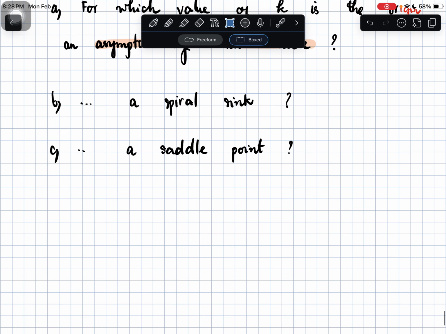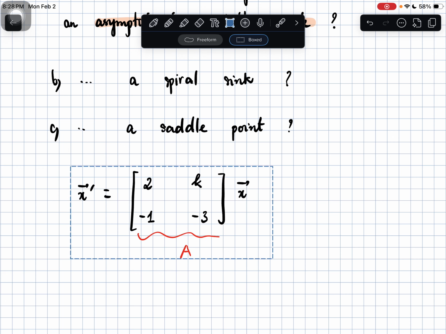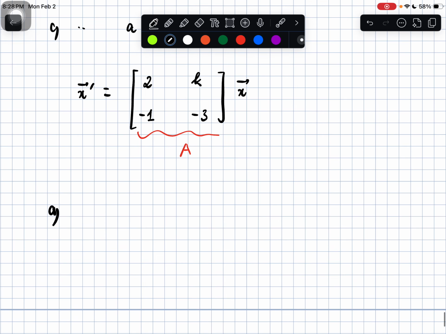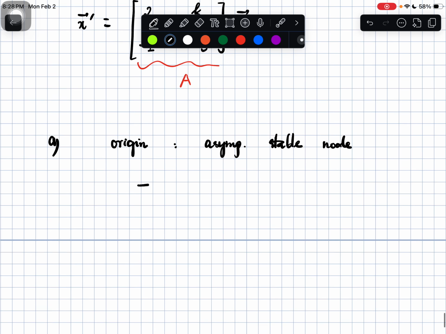So we have this system x prime equals A times x. For part A, we want the origin to be an asymptotically stable node. So we could have two eigenvalues, which can be repeated.